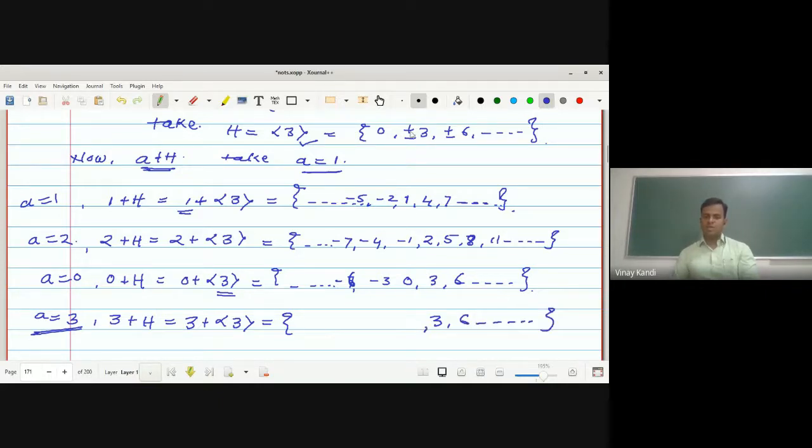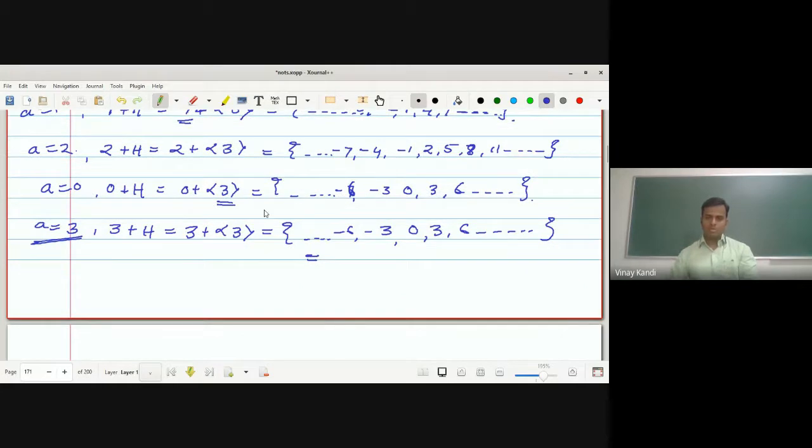And here, minus 3 + 3 = 0, minus 6 + 3 = minus 3, and so on, which is equal to this one. Look at it. How are both these sets? They are the same. Hence, from above, we get 0 + H = 3 + H = 6 + H. This whole set is the same.